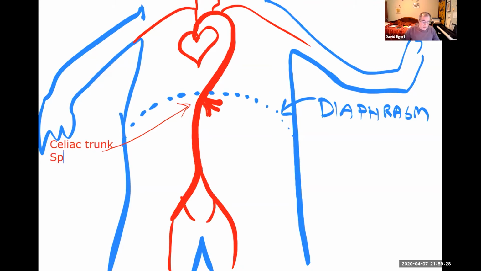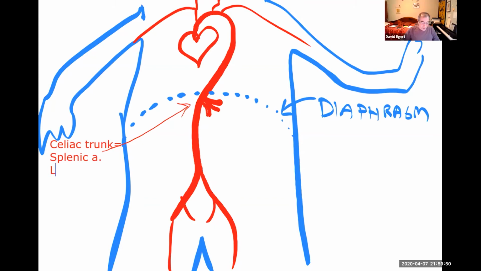So one is going to be the splenic artery. Splenic artery, which is going to go where? To the spleen, yeah.